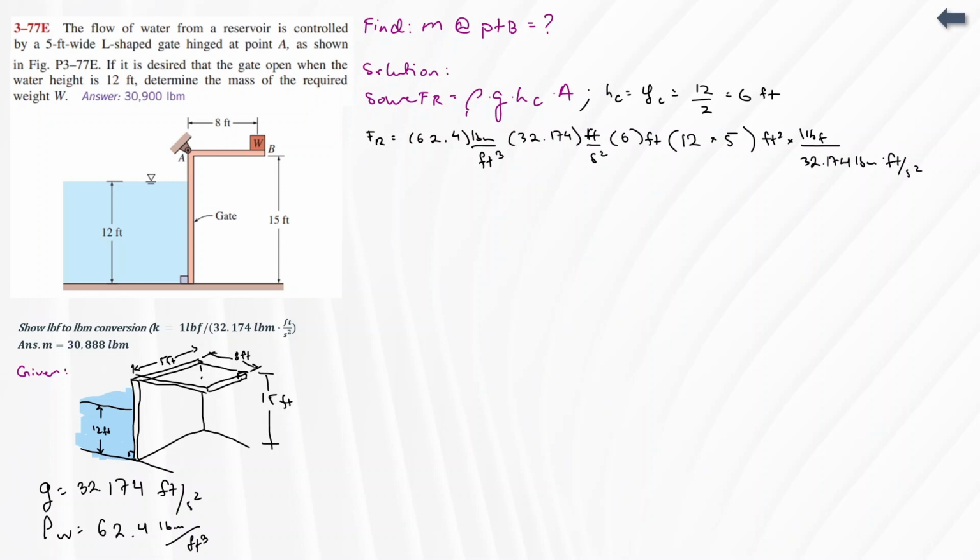And then we need yung conversion lang dito. May K lang sa dulo para mawala yung feet per second squared and yung pound mass. You will get 22,464 pound force.